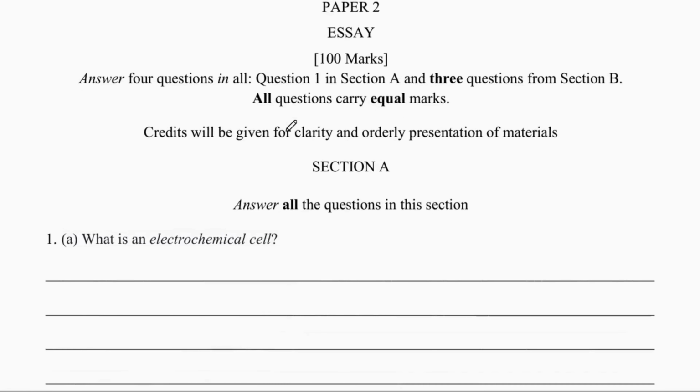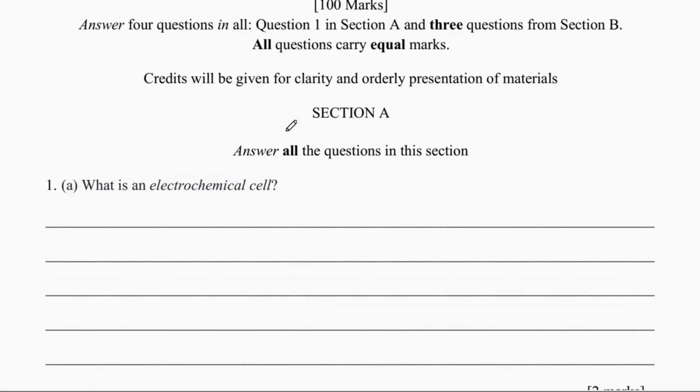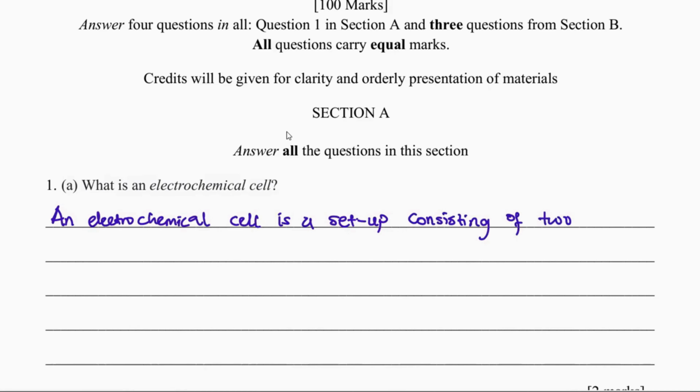Okay, so the first question is, what is an electrochemical cell? We can answer this by saying an electrochemical cell is a set of cells consisting of two half cells.